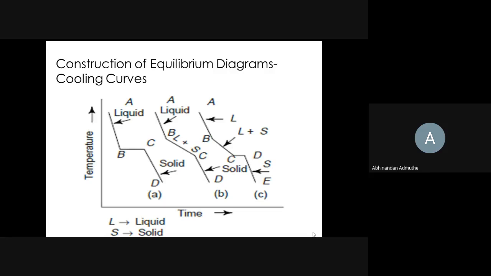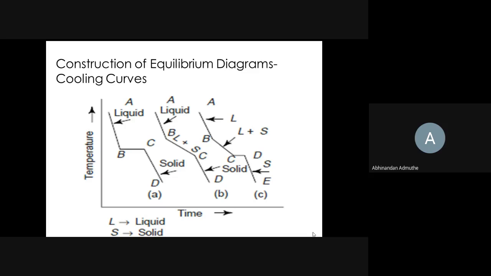Suppose initially it is 200 degrees centigrade, so at 0 seconds we have 200 degrees centigrade. Then after a 1 minute interval, observe the temperature of the system, and continue these readings up to solidification.